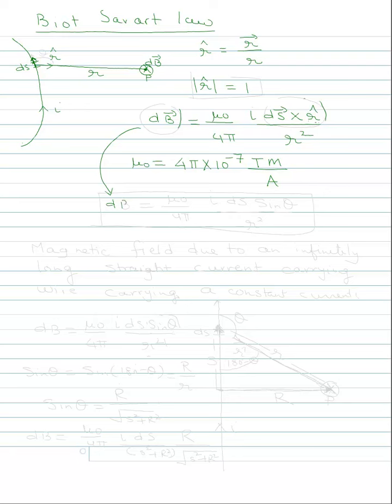Well, according to Biot-Savart Law, that magnitude will be mu 0 over 4 pi, I, the magnitude of ds, times magnitude of r hat, but remember the magnitude of r hat is just 1 since it's a unit vector, times sine theta, where theta is this angle between ds and r hat, divided by r squared. So this is the magnitude of dB given by Biot-Savart Law.